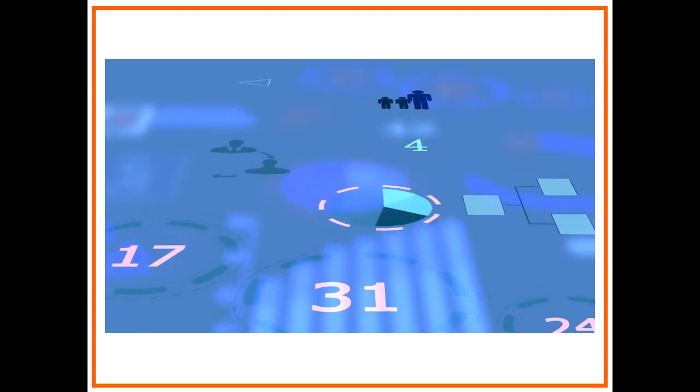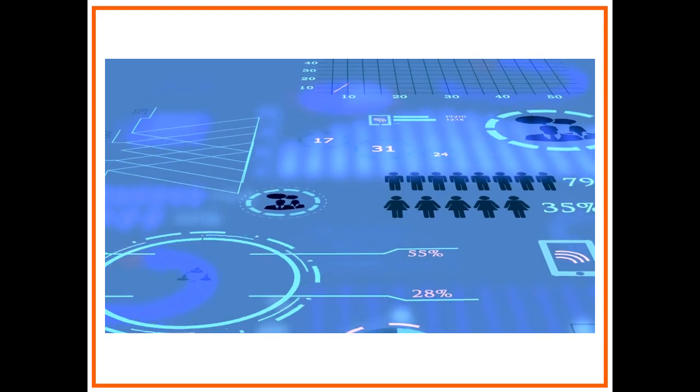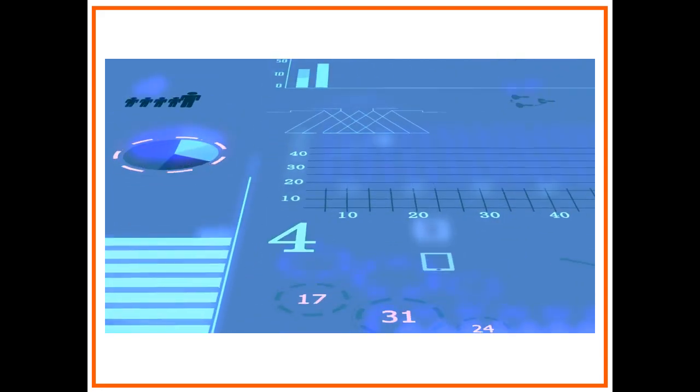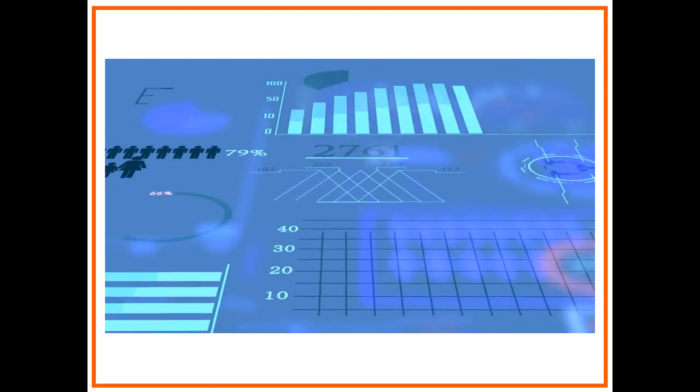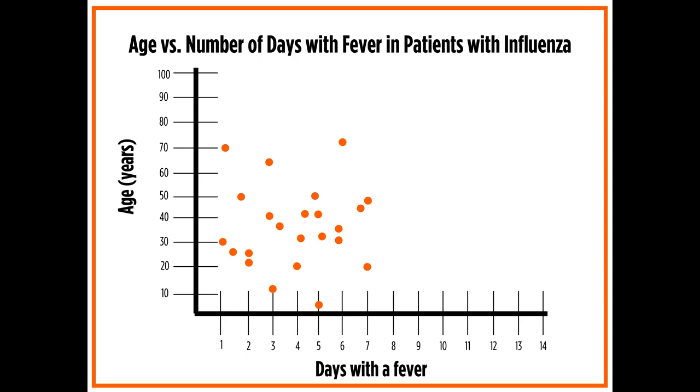He realizes he needs way more data to draw a conclusion about whether a person's age and the number of days they are sick from influenza are related. He decides to keep collecting data so that he can add it to his scatterplot. Once he collects more data points, he will add this new data to his scatterplot to see if he can find a correlation between a patient's age and the number of days they have a fever.